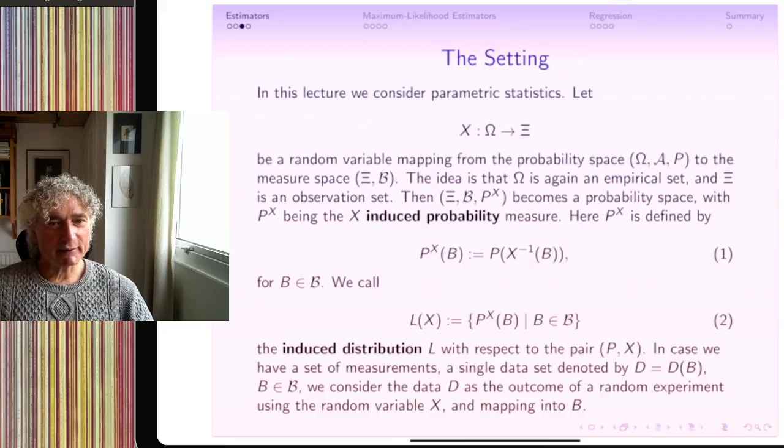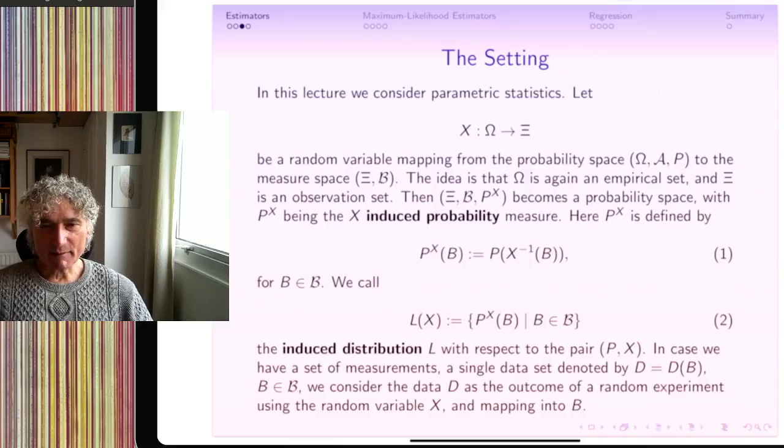So omega needs to be big enough such that it can include all the observations you want to make, potentially at least. But of course, you also have to be careful, as in the first lecture we had in this series, that omega has well-defined system boundaries. Otherwise, the mathematical modeling and also the statistical models will not be well-defined.